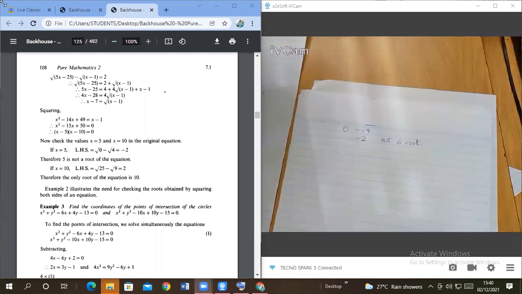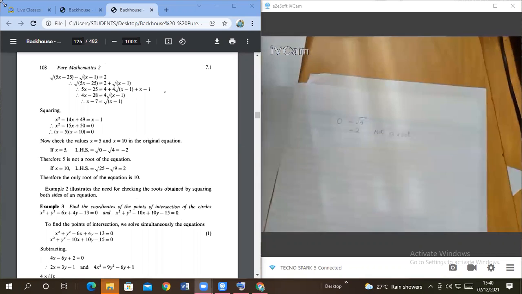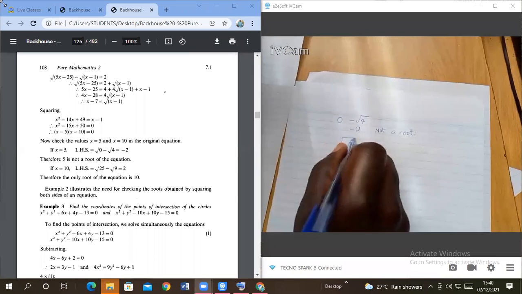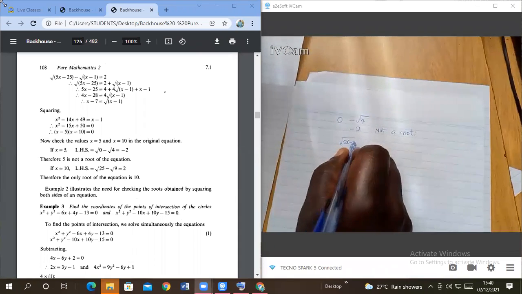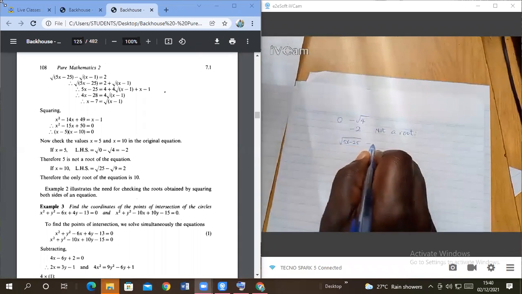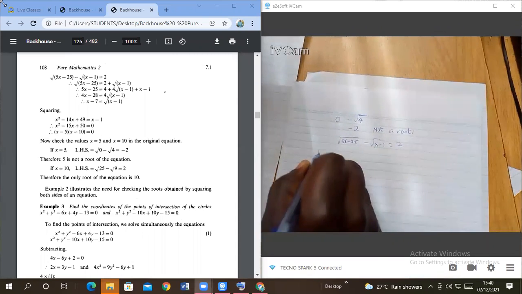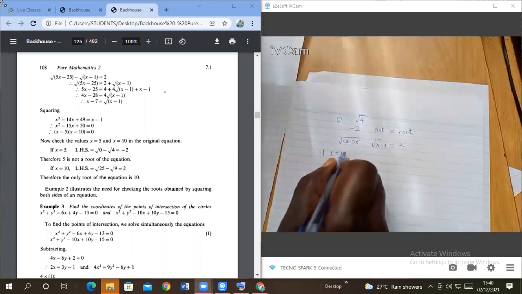Now, don't sit and say, since this one is not a root, then the other one is now the root. You need to confirm. We still have root of 5x minus 25 minus root of x minus 1 is equal to 2. So remember, x is 10. Let's check with 10.